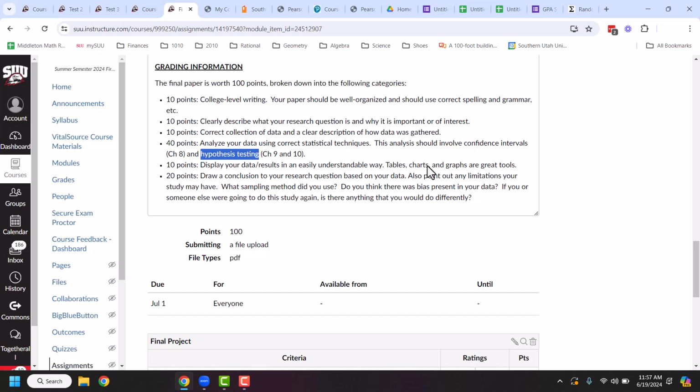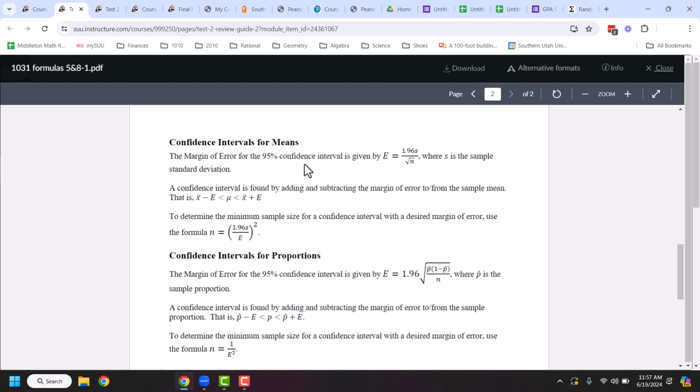So, in this case, I have the question of trying to figure out if there's a relationship between the school year that people are in and the GPA that they have. So when I look at the two different types of confidence intervals, and I'm just using the formula sheet from test 2 to summarize this, we have confidence intervals for means and we have confidence intervals for proportions.